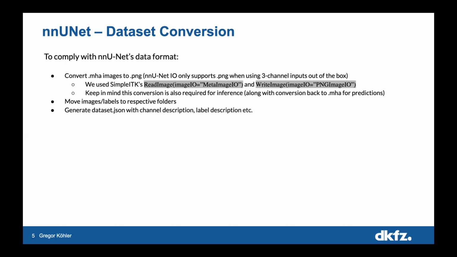Maybe one could have also just reduced it to 1 channel, since I think they were just copies. For this, we used simple ITK read and write image, which is pretty straightforward. Then we moved the images to the respective folders and went over the standard process of nnU-Net, like generating the dataset JSON and pre-processing, etc.